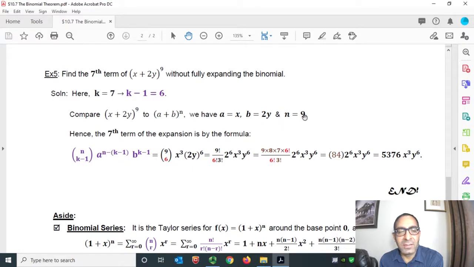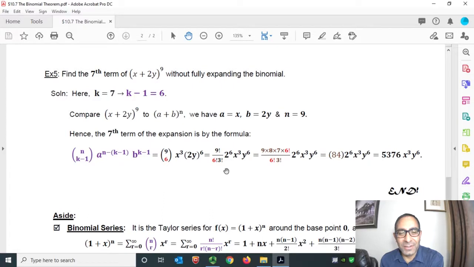N is 9, k minus 1 is 6, so 9 minus 6 is 3. So here the power is 3 for x. So x cubed times b, which equals 2y, so 2y raised to the power k minus 1, which is 6. I hope this setup makes sense to you all.